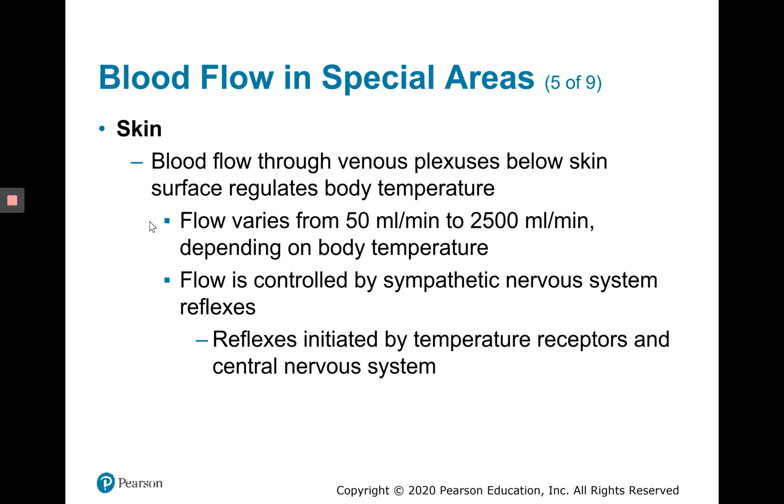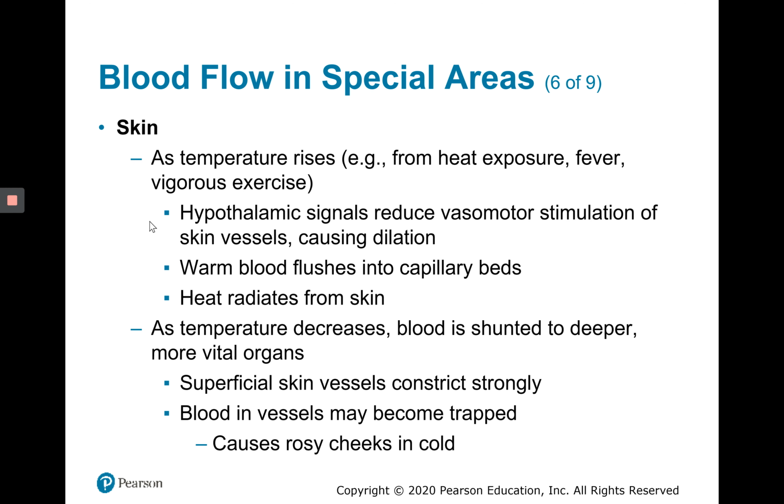Some of these temperature receptors have to communicate with the boss of the autonomic nervous system, the hypothalamus, also known as the body's thermostat. So essentially with thermoregulation, as temperature rises, whether you're outside starting to warm up, or maybe because of heat exposure, or you have a fever, or you just got done exercising, whatever the reason temperature in the body is rising, it will initiate hypothalamic signals to reduce vasomotor stimulation of the skin vessels, so those venous plexi, and that would cause dilation of them.